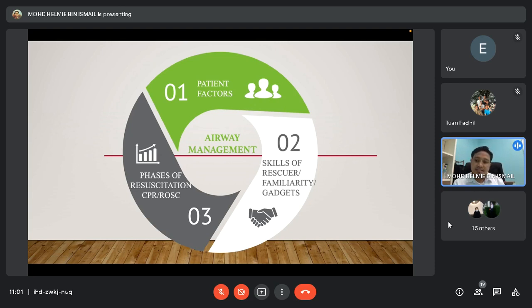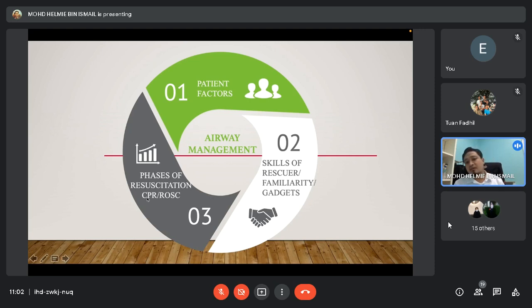Sometimes in other centers we don't have a video laryngoscope, so the rescuer at that center is possibly not familiar with it. So we need to use airway equipment which is more familiar in our practice. Okay, then the third factor is the phase of resuscitation.